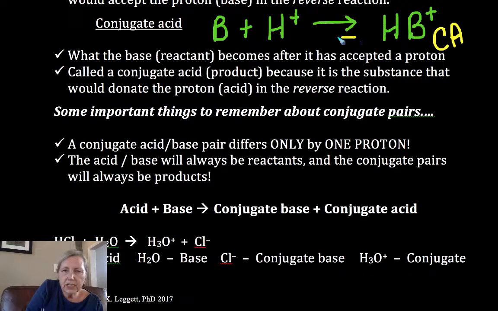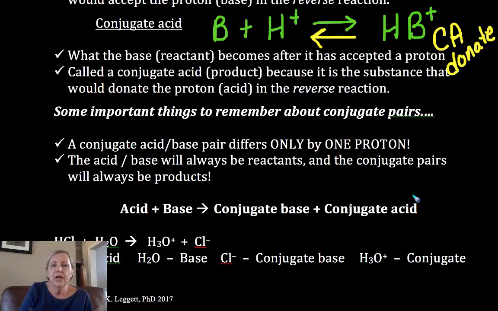You notice in the reverse direction, this is acting like an acid. It's donating an H plus. So a conjugate acid is just the same as an original acid. It's terminology, but important terminology. They donate.